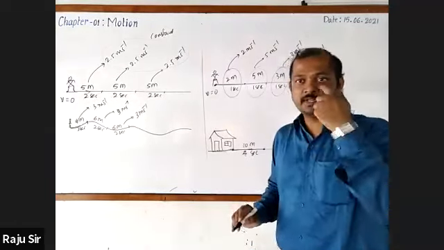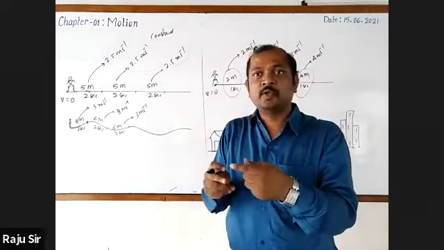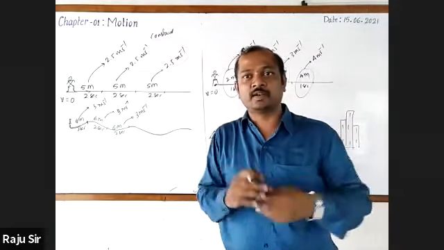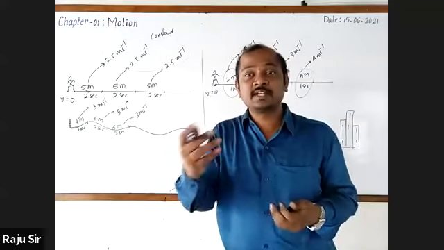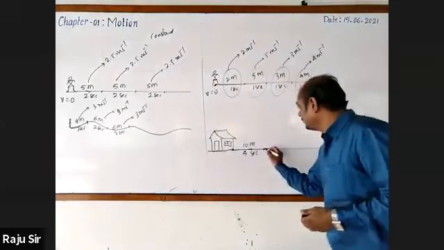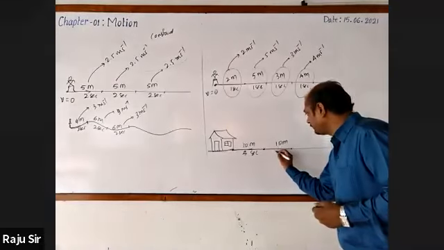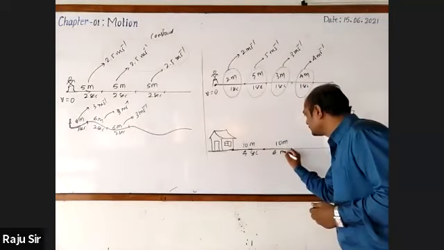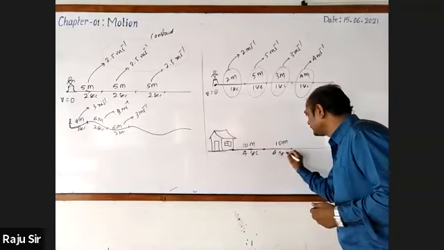When you find a friend, whether you move faster or slower? Slower, sir. You have to discuss with them, then you start moving, so the next 10 meters, you will take around 6 seconds.